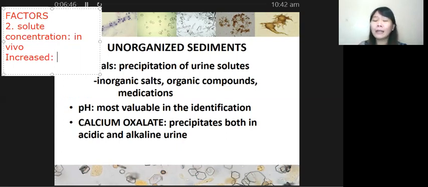Balikan ninyo yung knowledge na nakuha natin sa biochemistry or even in your MCHOC. Remember na ang mga solutes, they have a decreased ability to remain in the solution pag mataas ang solute concentration.